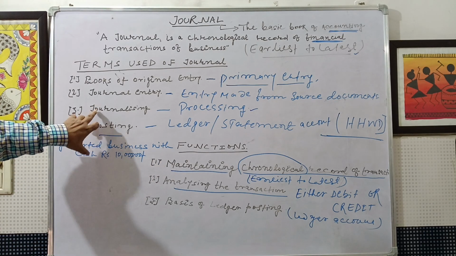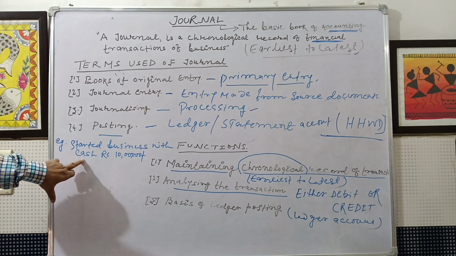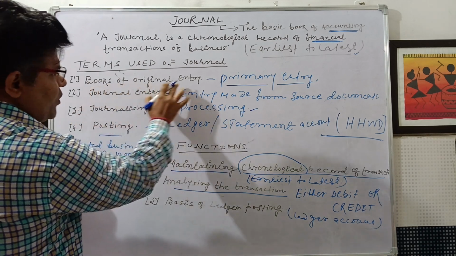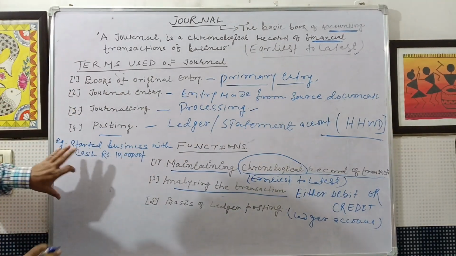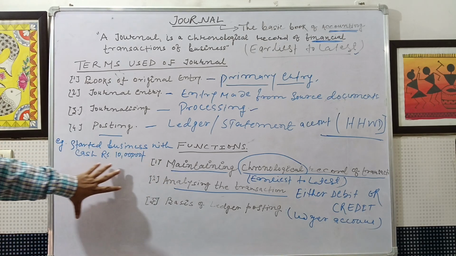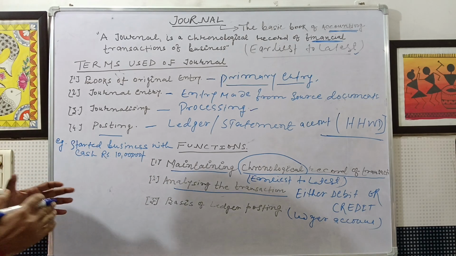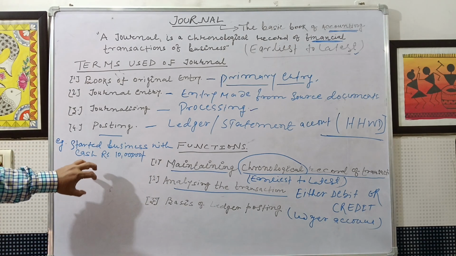Make a journal entry in the books of original entry, that is the primary entry. We will discuss later on briefly, but now I'll give an example.